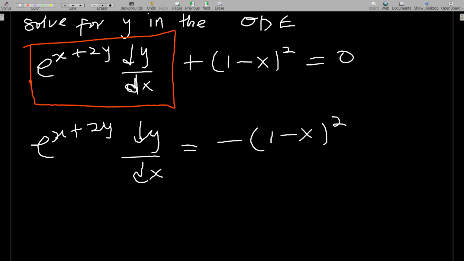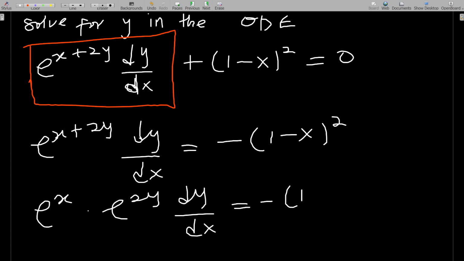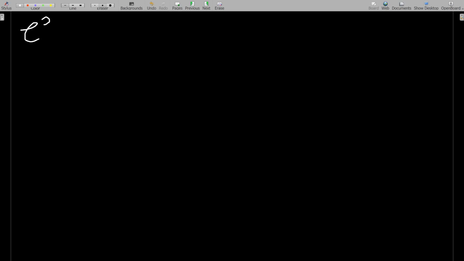Let's split the e^x: we have e^x times e^(2y) dy/dx equals minus (1 minus x) all squared. Now if I divide through by e^x, I'll get e^(2y) dy/dx equals minus (1 minus x) all squared.